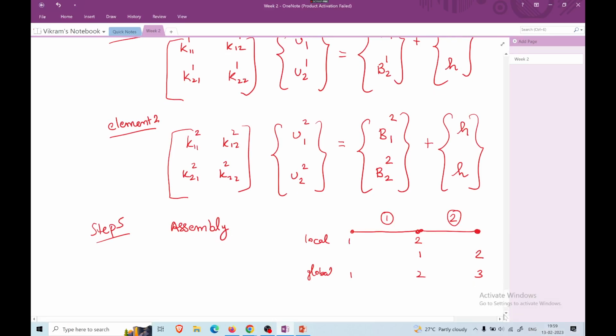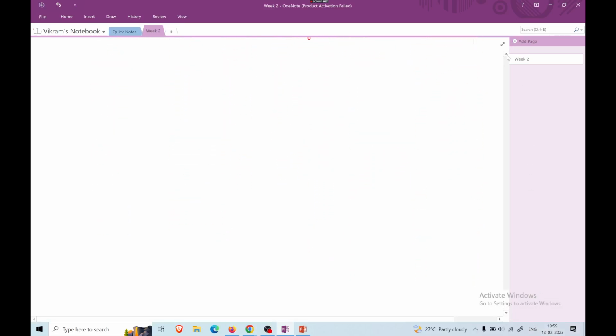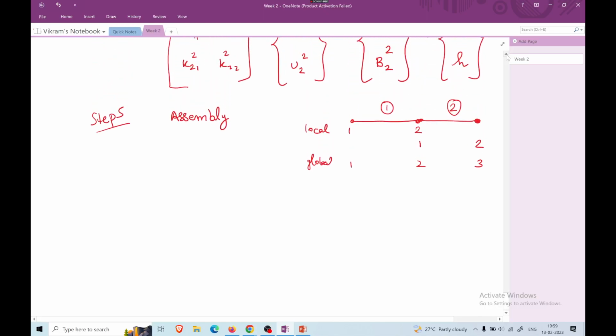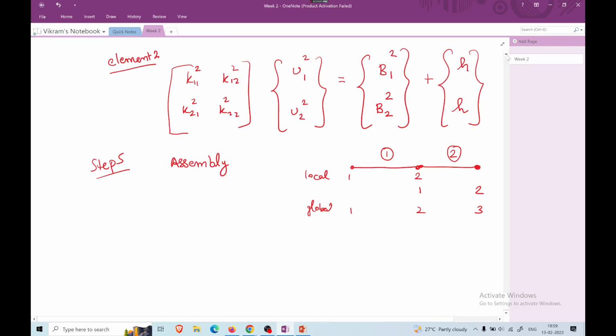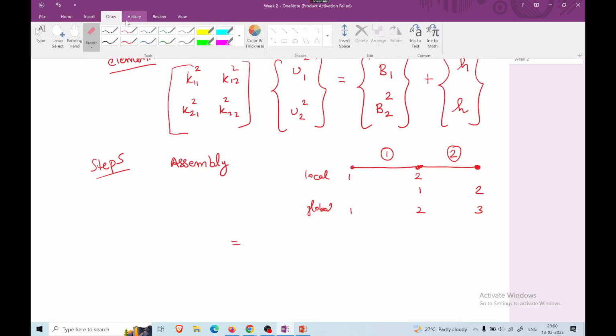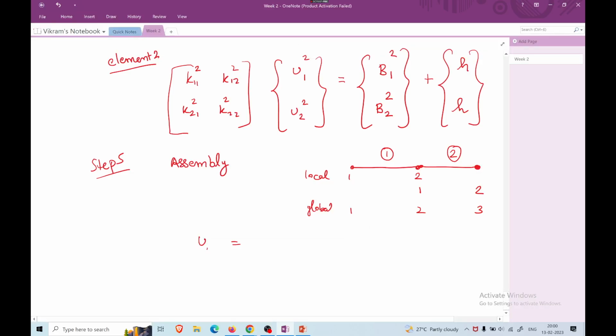So u2 of the first element and u1 of the second element are both equal to u2.